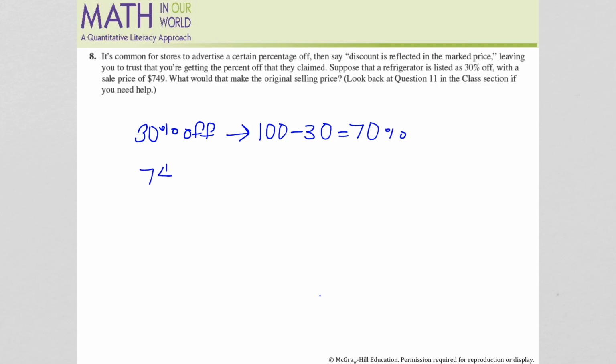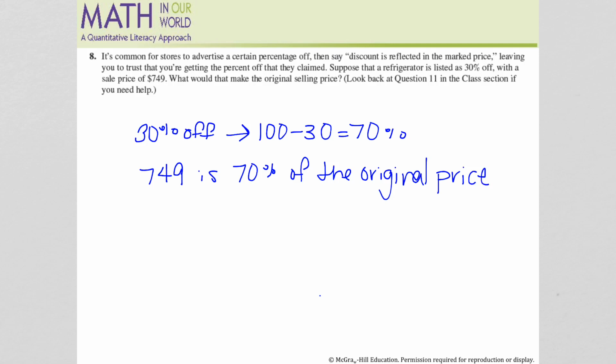So we know that $749 is 70% of the original price. So 70% of what, we'll just make it X, is 749.